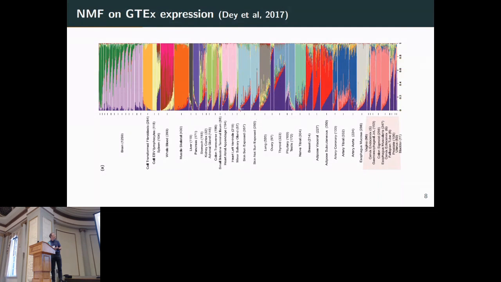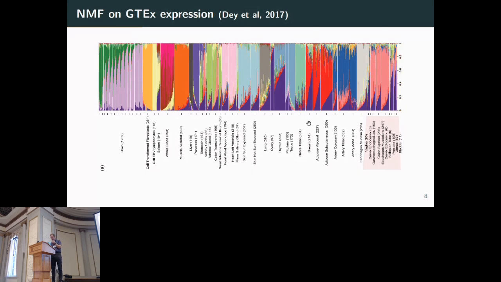There are two, sun-exposed and sun-not-exposed skin. So we get some insight into what they're capturing just from that. But you can also look at the other part of the component, which is which genes are being highly expressed in these components, because each component also has a set of gene expression values associated with it.